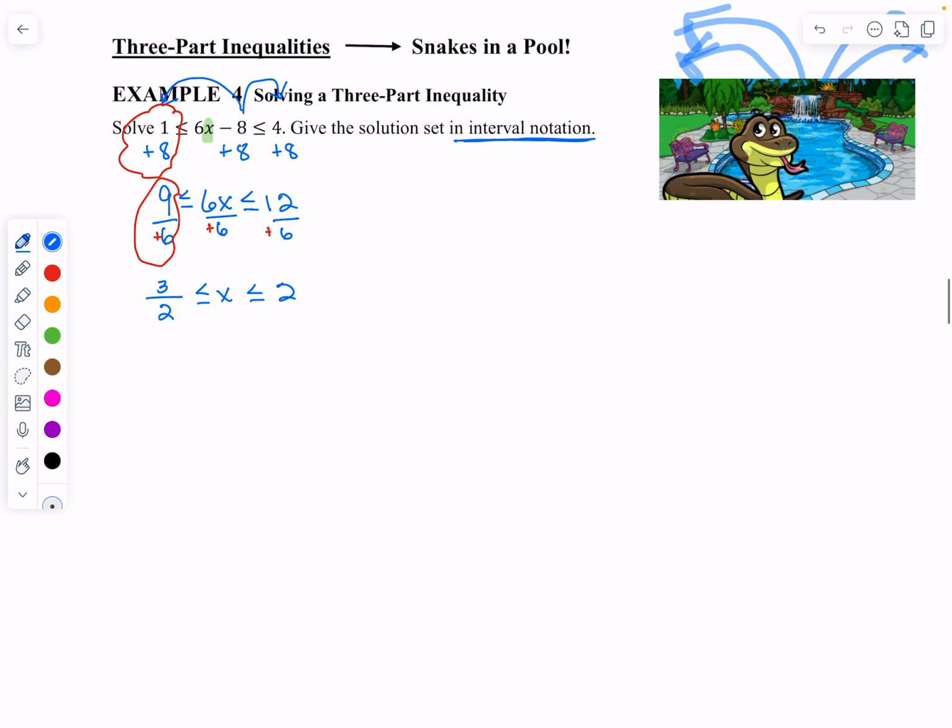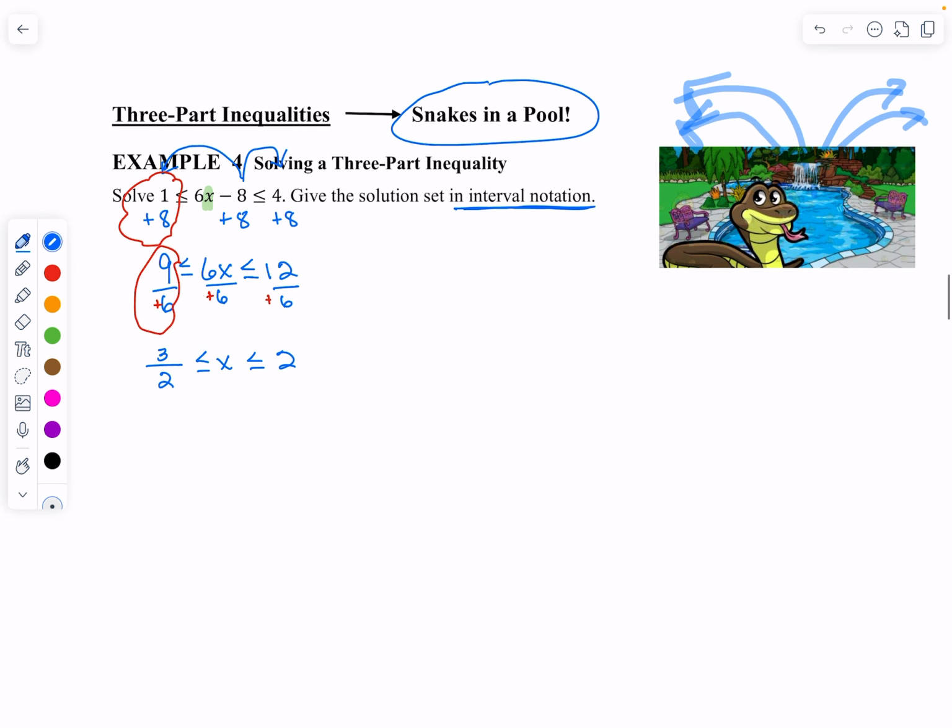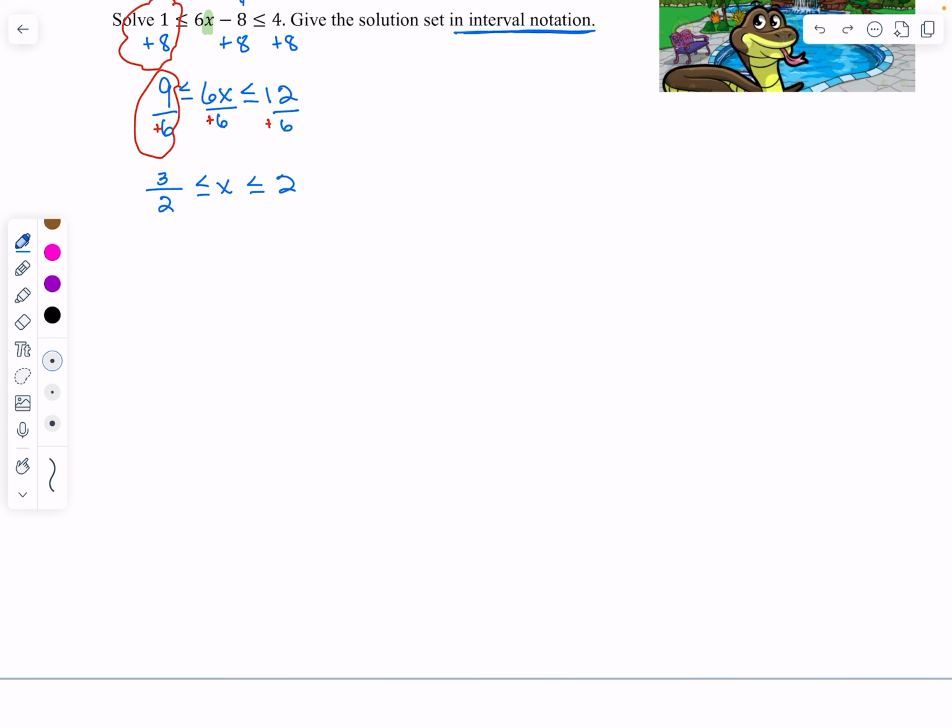So anytime you have snakes in a pool in this class, only in Math 110, it's always going to be an in-between graph. I'm not going to say that it always is, but in Math 110, it's always an in-between graph. So that means I'm going to have 3 halves and a 2, right?